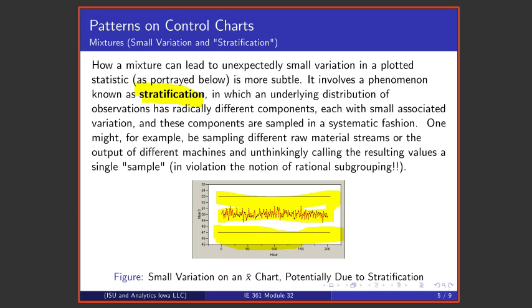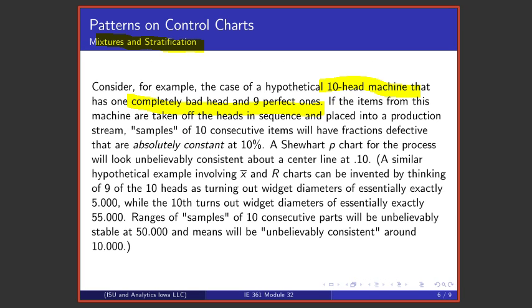And the point is that one then is not reacting properly to process changes, and in fact won't see process changes because things are unnaturally stable, apparently unnaturally stable.